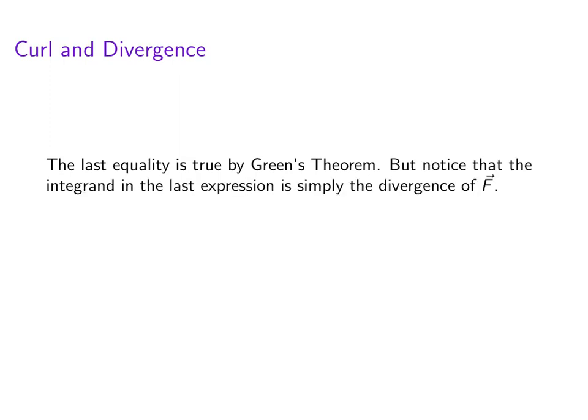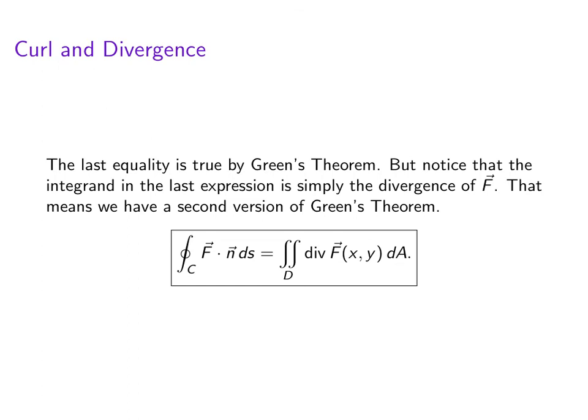Notice that the integrand in the last expression is just the divergence of F. All right, so now we have a second version of Green's theorem. It looks like this. The line integral along C of F dot n ds is equal to the double integral over D of the divergence of F with respect to area. Okay, that's all for now.